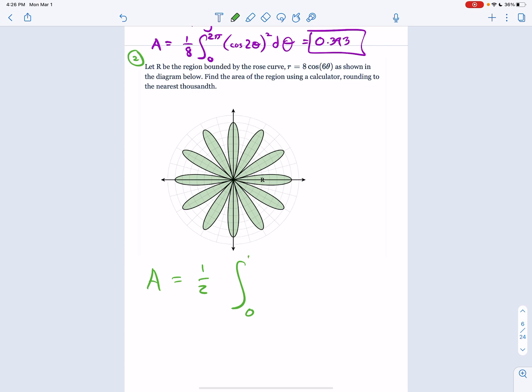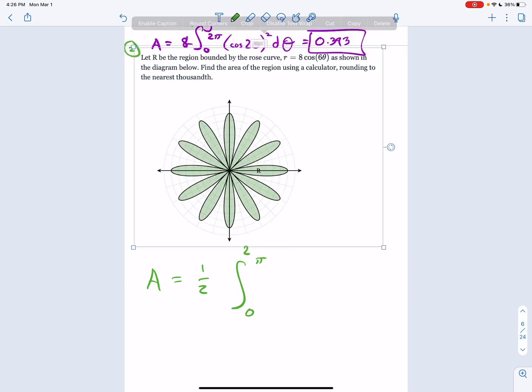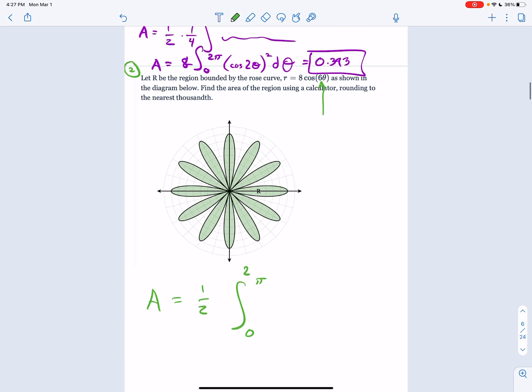We will be going from 0 to 2 pi because that 6 next to the angle is even. Okay, now if it was an odd number, you guys would just go from 0 to pi. Okay, r squared, r is 8 cosine 6 theta squared d theta.